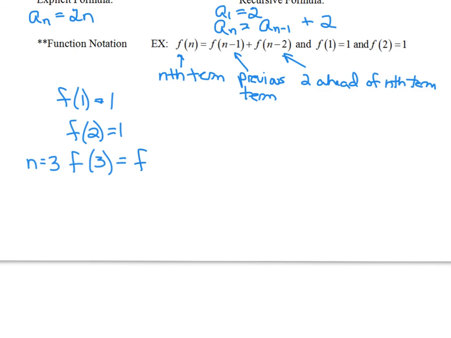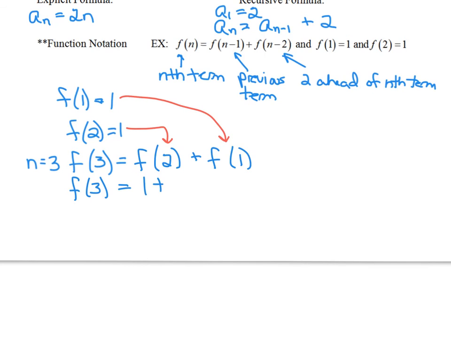So f of 3 minus 1, which would be f of 2, plus f of 3 minus 2, which is f of 1. I'm going to plug 1 in for f of 1 and 1 in for f of 2. So that tells me that f of 3 must be equal to 1 plus 1, which is 2.